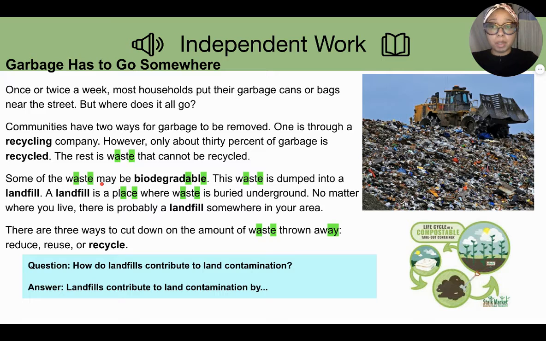Some of the waste may be biodegradable. The waste is dumped into a landfill. A landfill is a place where waste is buried underground. No matter where you live, there is probably a landfill somewhere in your area. There are three ways to cut down on the amount of waste thrown away: reduce, reuse, or recycle.